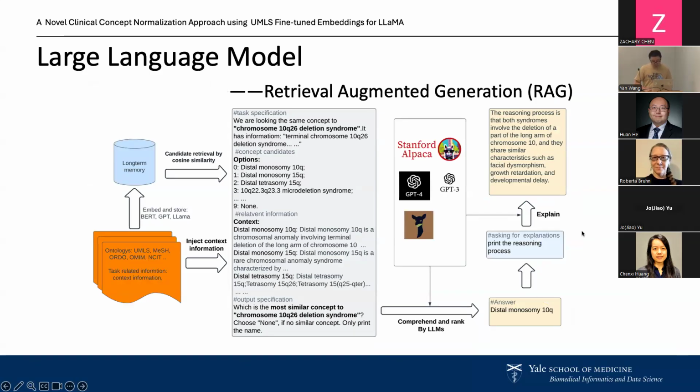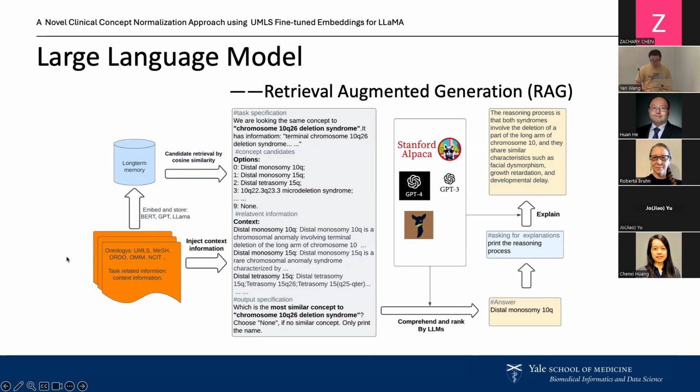The concept normalization task is a complex and knowledge intensive task. So it is probably better to build a language model based system that accesses external knowledge sources for this task, namely the RAG framework. The first stage of this framework transforms textual data into semantic representations using different embedding models such as BERT, PubMedBERT, GPT-3, and LLaMA model.